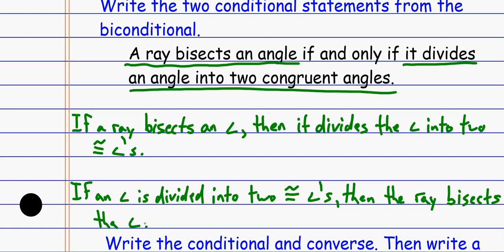Or you could say, then the ray is an angle bisector or something like that. You can change the wording a little bit, and that's okay. But we want to state this as an if-then statement and then state it as the converse. That's what this means.